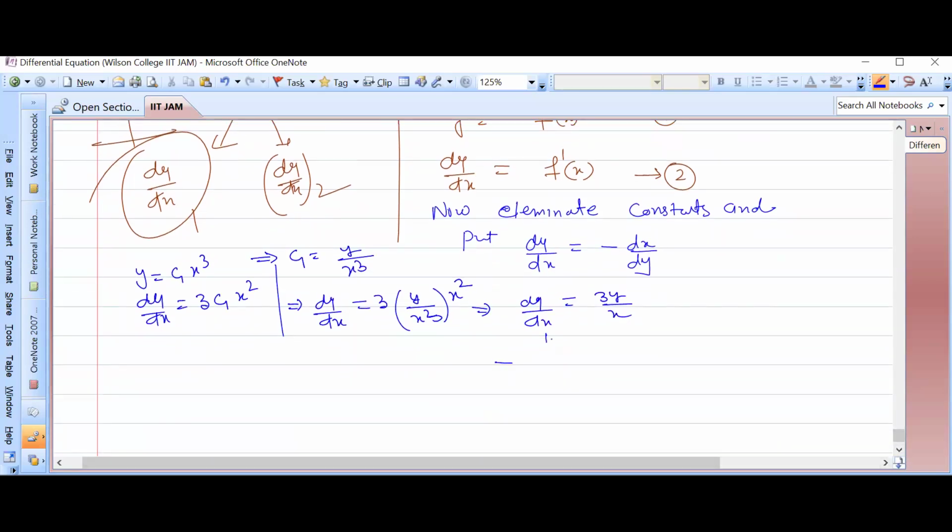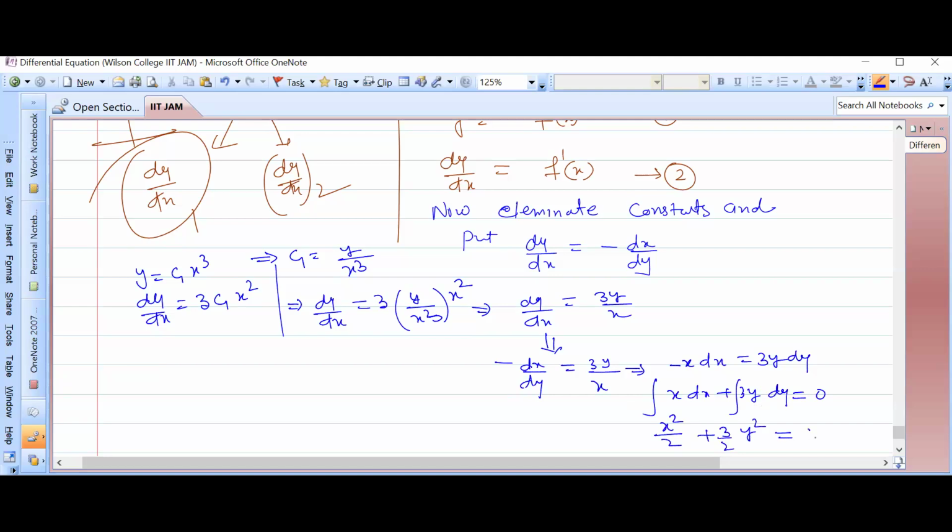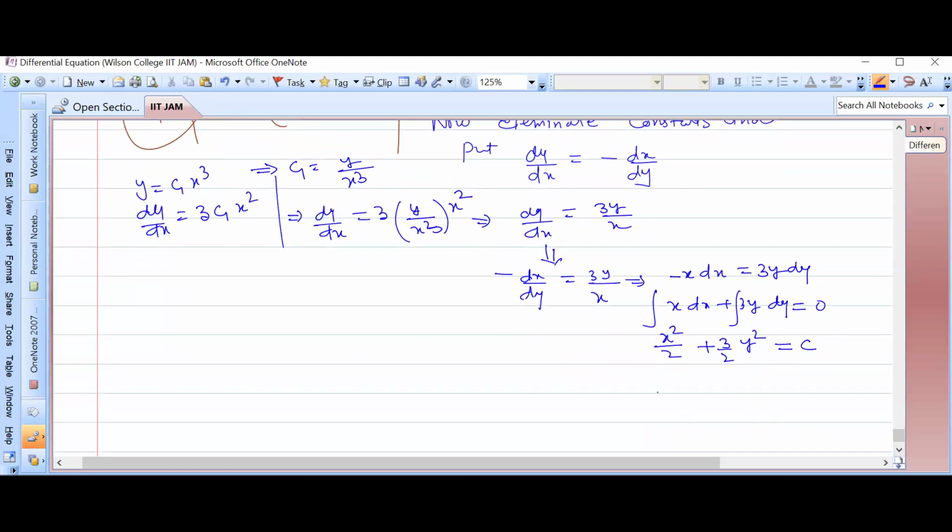And here, the same thing: we have to write dx upon dy equals 3y upon x, or one can say minus x dx equals 3y dy, or x dx plus 3y dy equals 0. Integrate it: x square by 2 plus 3 by 2 y square equals c, or x square plus 3y square equals c, correct? The same thing you have?